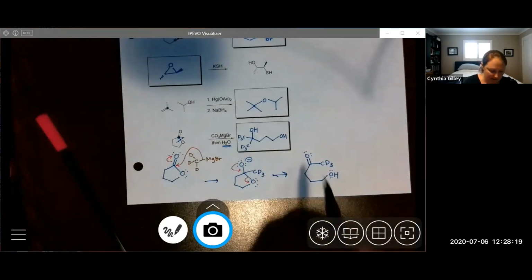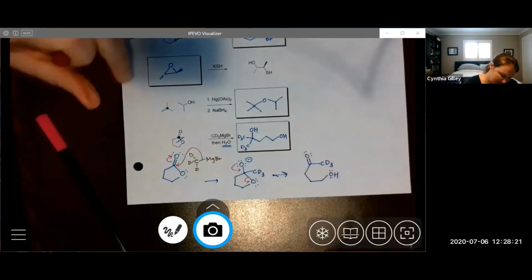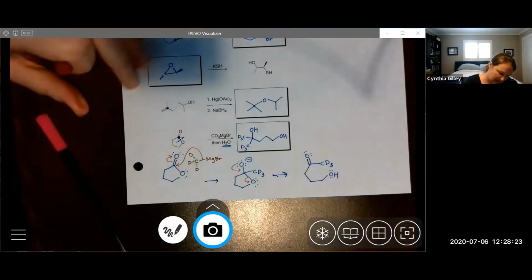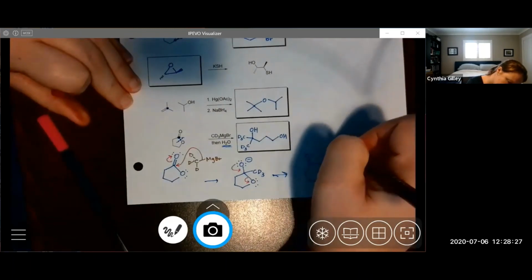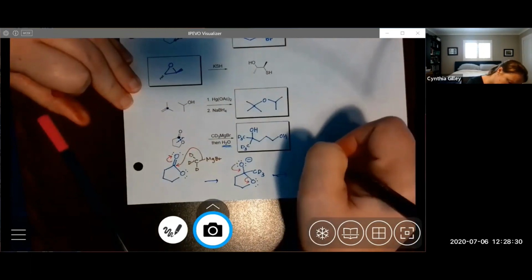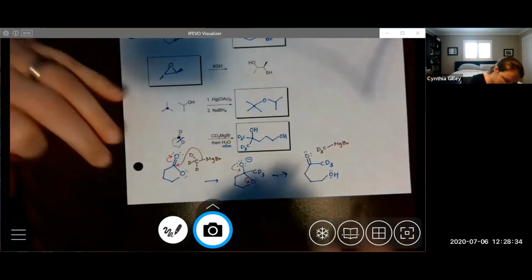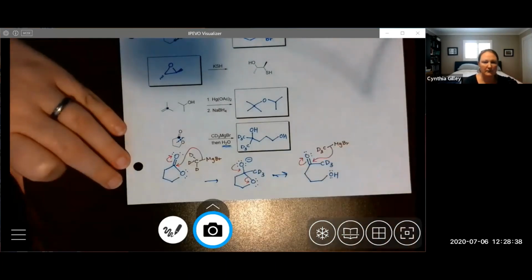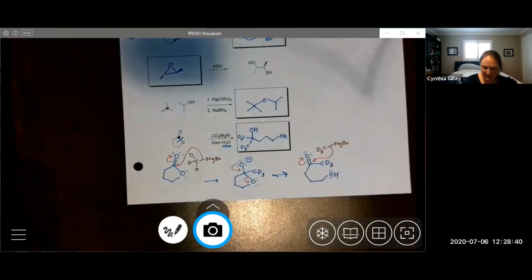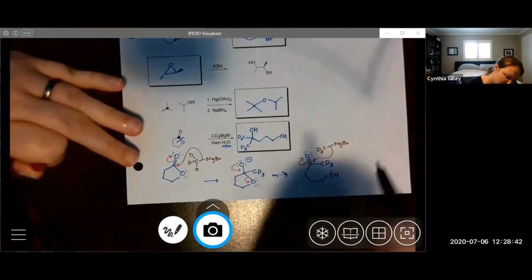Now we have a ketone, which will get attacked again by a second Grignard reagent. So the same exact substrate we drew in before. You can draw out the deuterium or not, it's up to you. That's where that second one gets introduced.